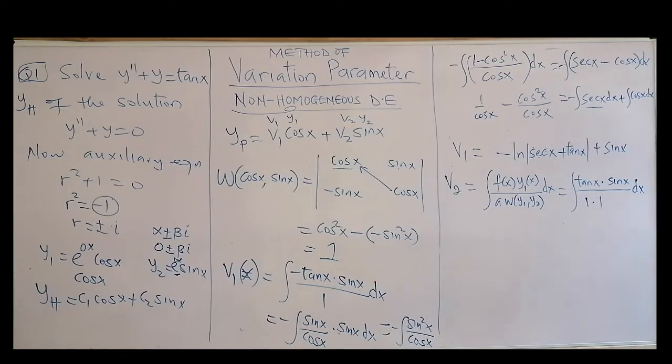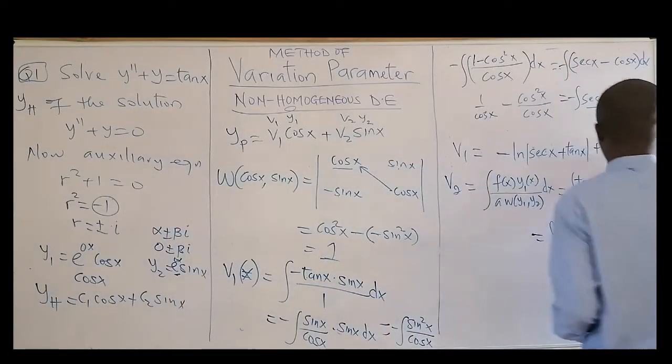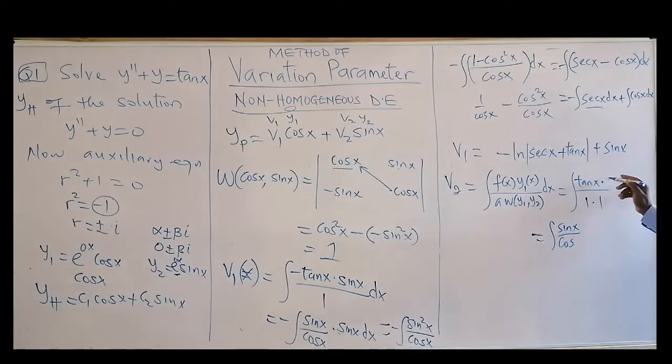Tangent is sine over cos, times cos x, so cos will cancel, then dx.